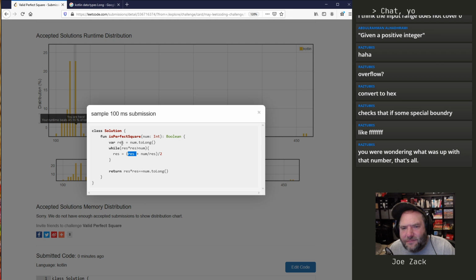Result, which is 14, plus num divided by result. 14 plus 1. 15 divided by 2. So now we're checking to see if 15 times 15 is greater than num. It is. So now we take 15 plus 14 divided by 15, which is... What? 0 divided by 2 is 7.